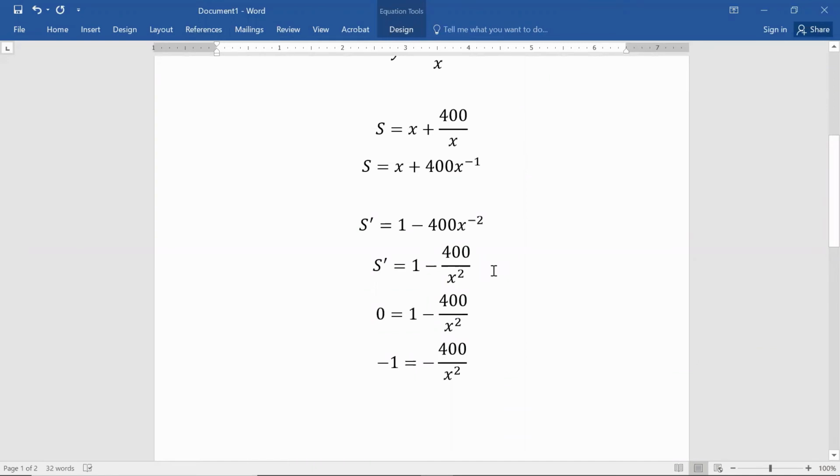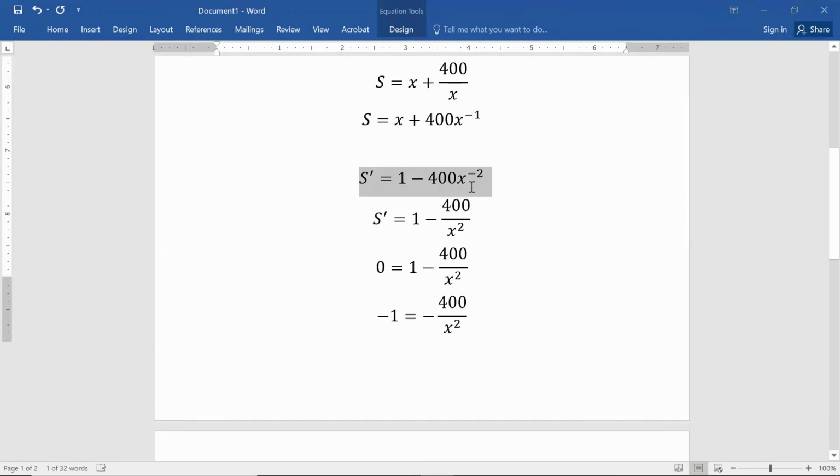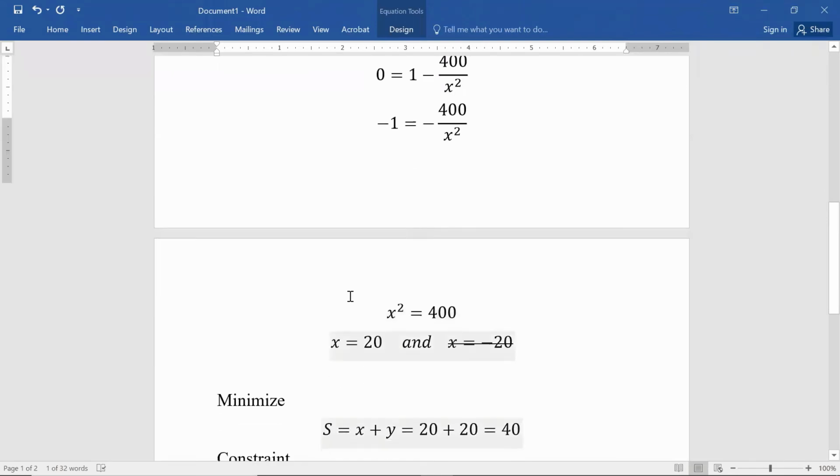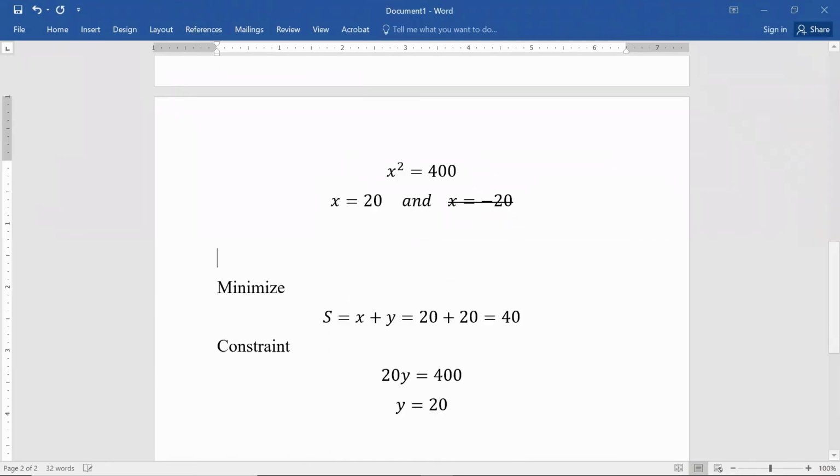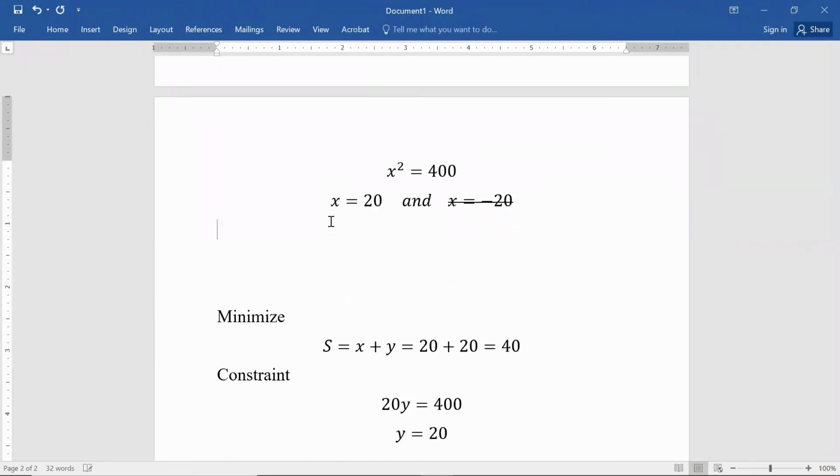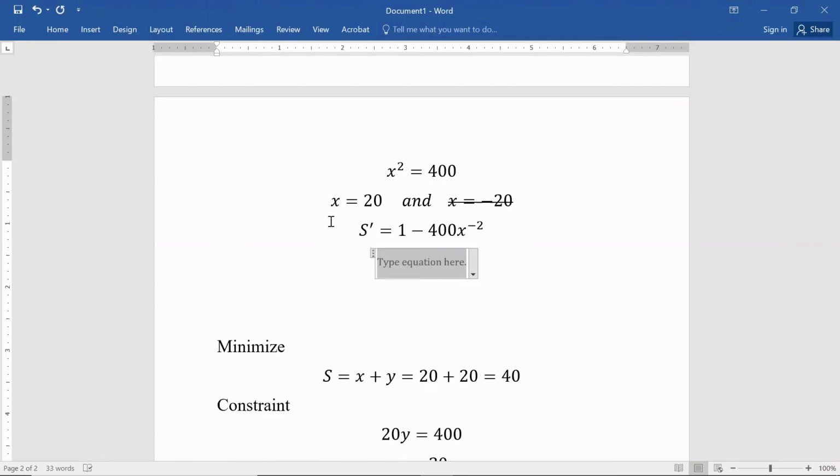I skipped over the step where I show that this is actually a minimum by calculating the second derivative. So if you wanted to, you can calculate the second derivative, S double prime equals, the 1 goes to 0, and this becomes positive 800 X to the negative 3.